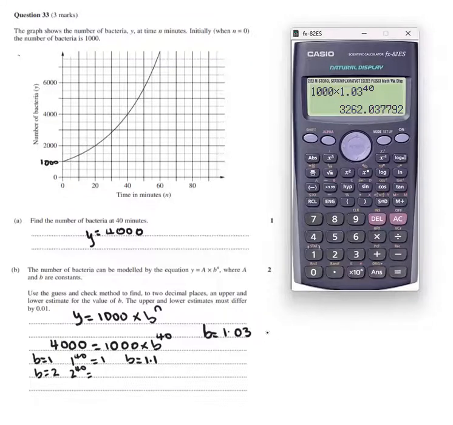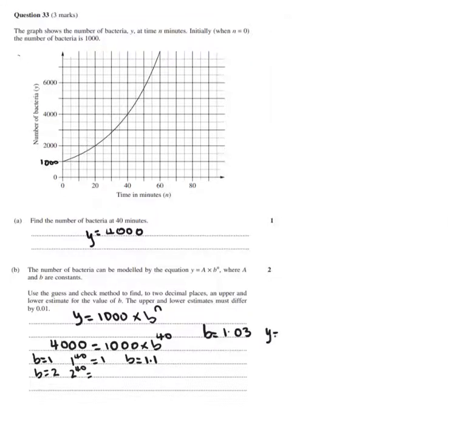Okay, so let me write that down there. y equals 3,262.